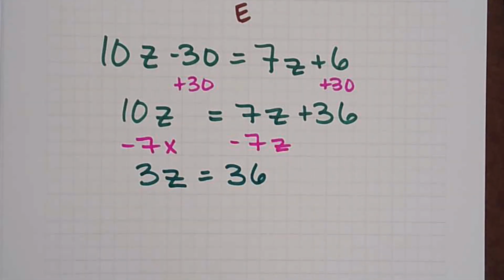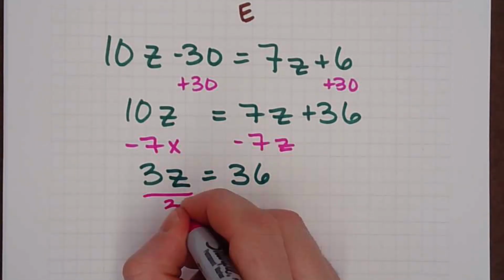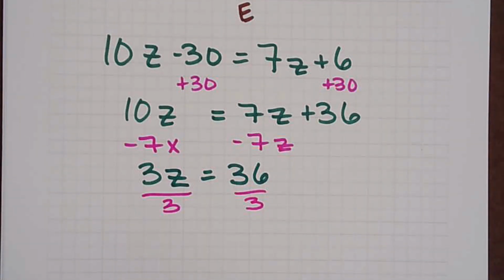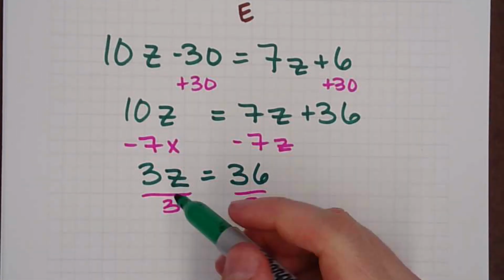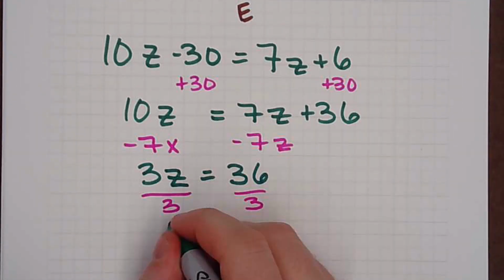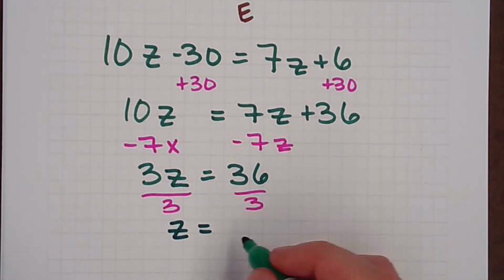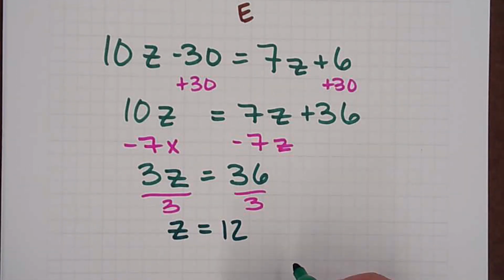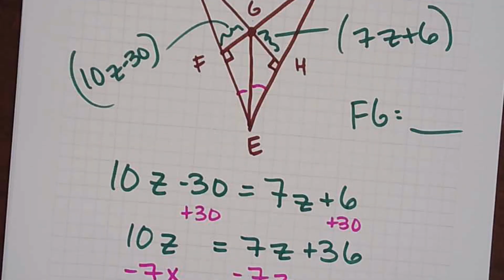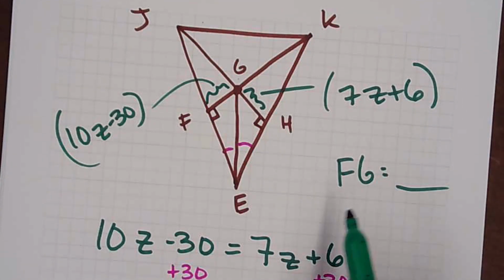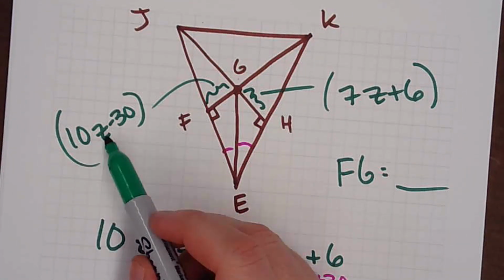And now, we always save this for last because, you know, division should be your last resort when trying to make a better world. We're going to divide by 3 on both sides to separate the 3 from the z. So we get z equals 36 divided by 3, which is 12. So z is 12. Well, if z is 12, and we want to find FG, 10 times z minus 30 is FG.